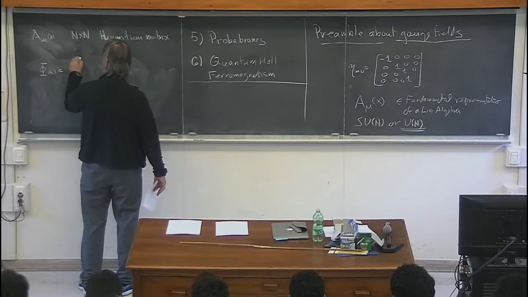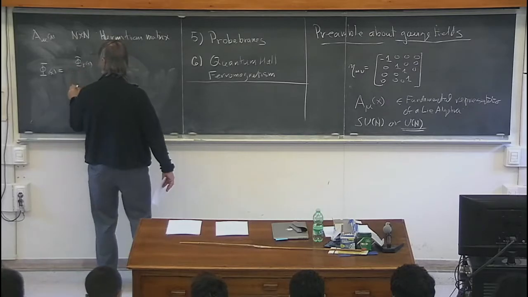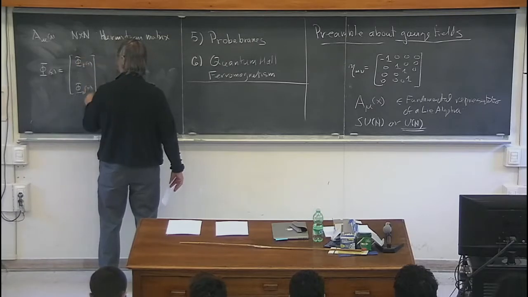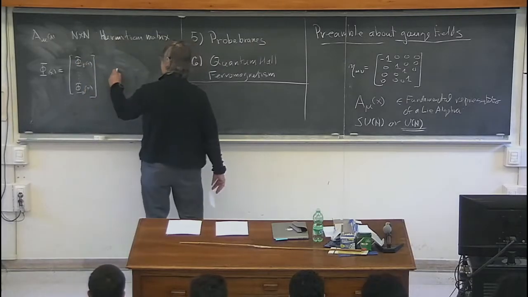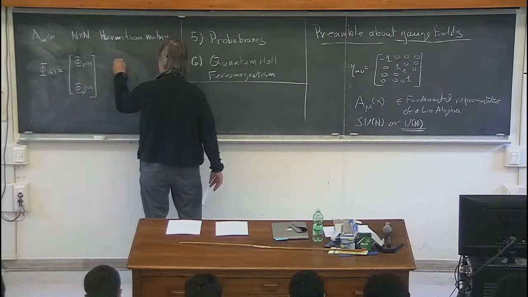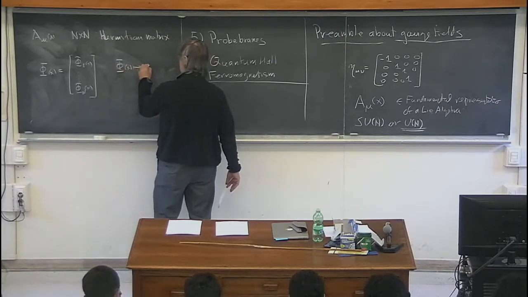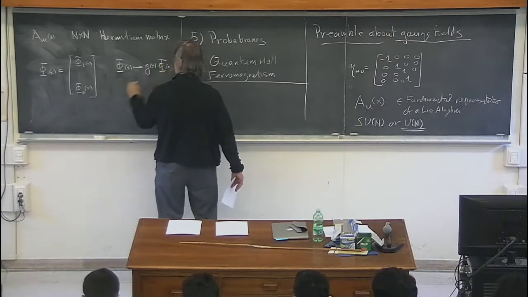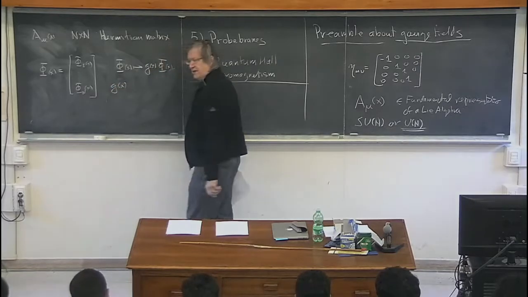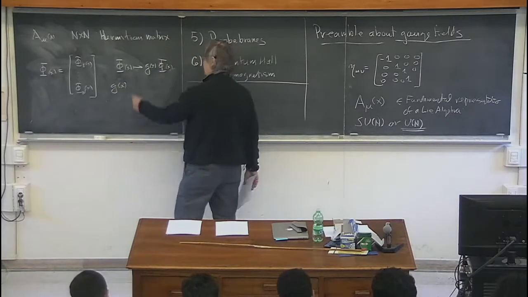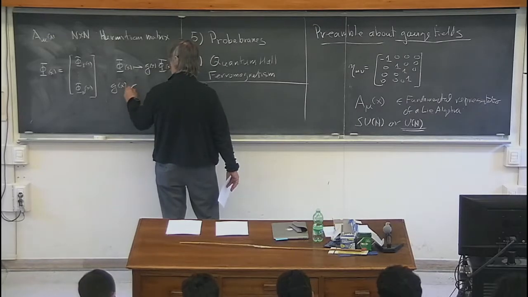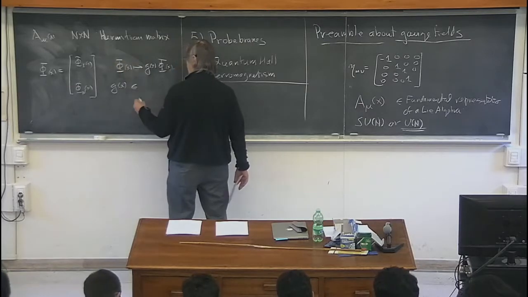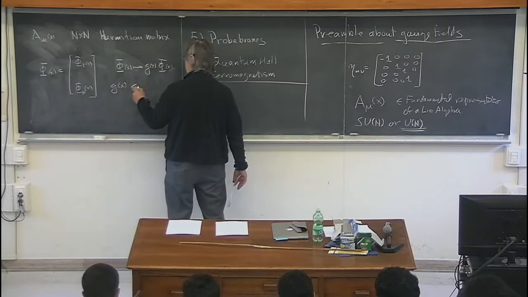So if you have a quark wave function that has N components, a change of phase, so to speak, is the multiplication of the wave function by a matrix which depends on location, the point at which you're talking about the wave function, and is in the group where A_mu, which is associated with the Lie algebra, lives.